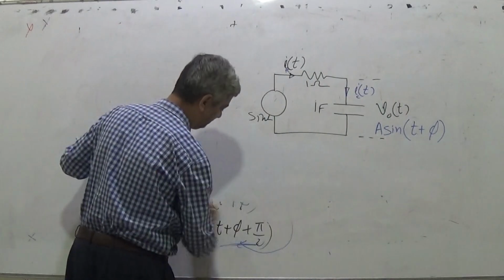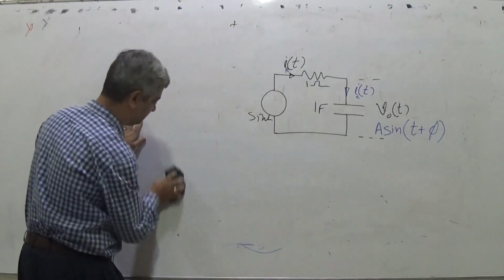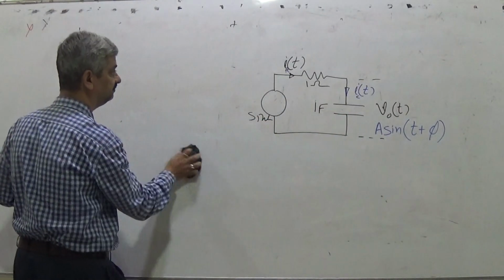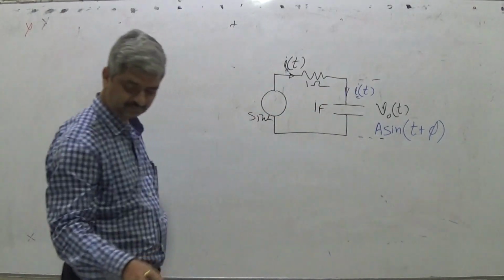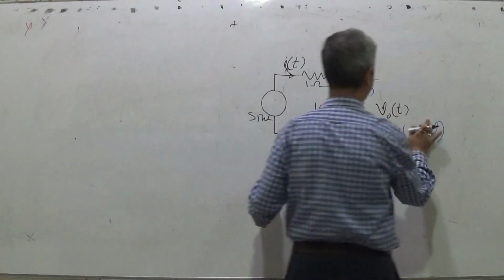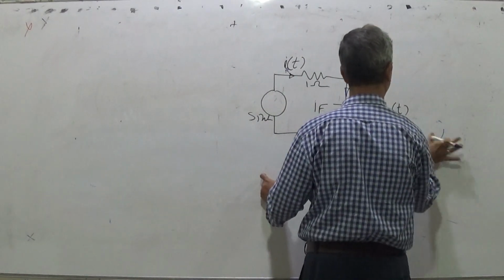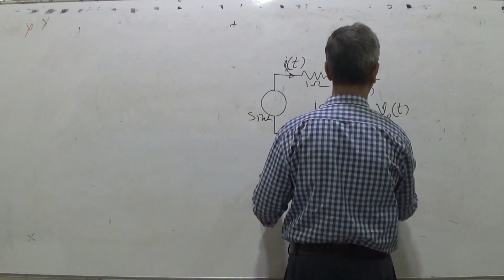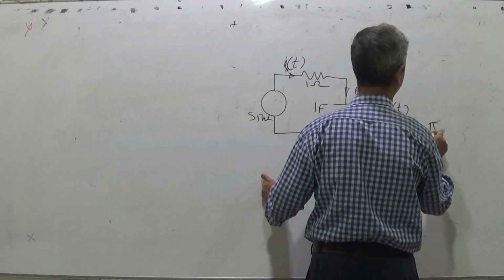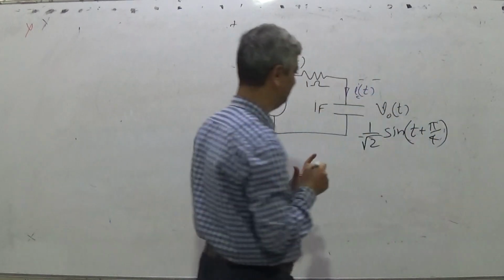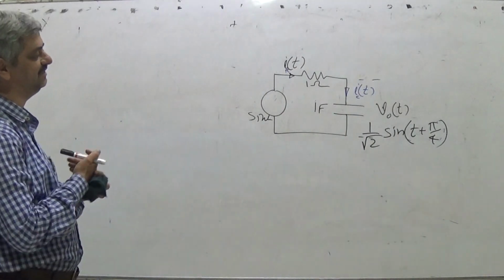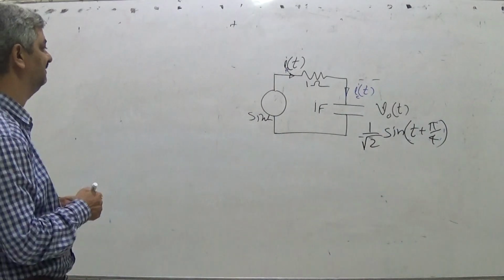You must be knowing that in this case the answer is one upon root 2 sine of t plus pi by 4. Is it the answer? You can cross check the answer.